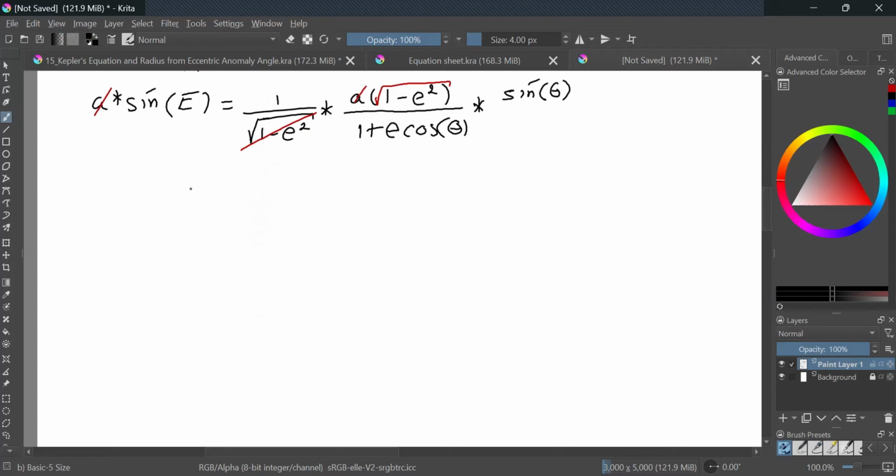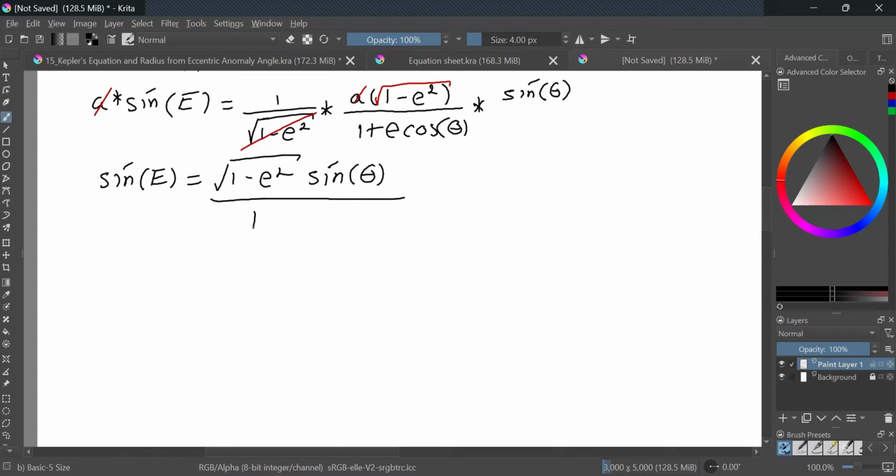That is going to become sine of the eccentric anomaly angle is equal to the square root of 1 minus e squared times sine of theta over 1 plus e cosine theta.